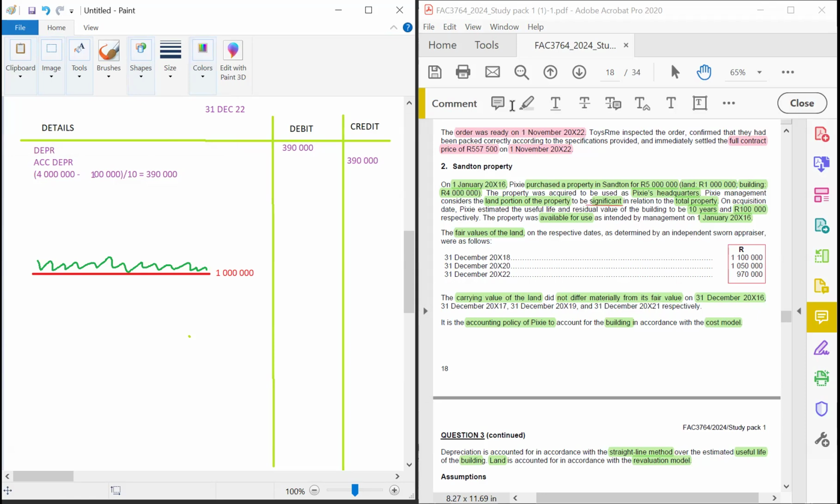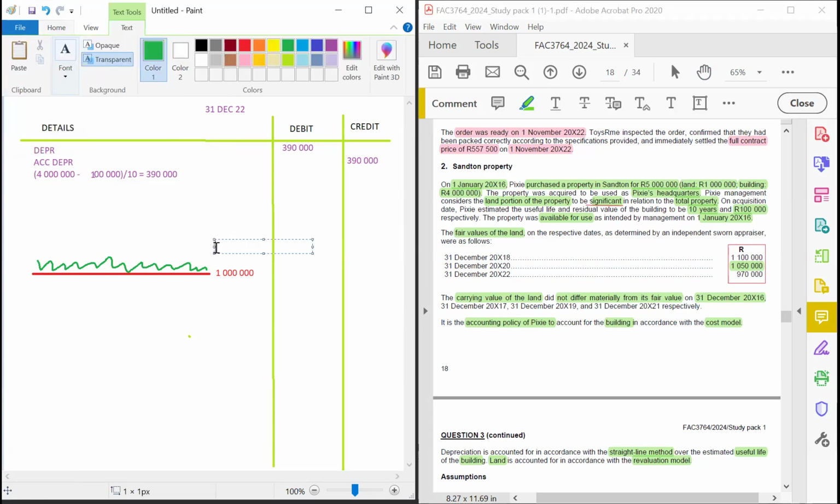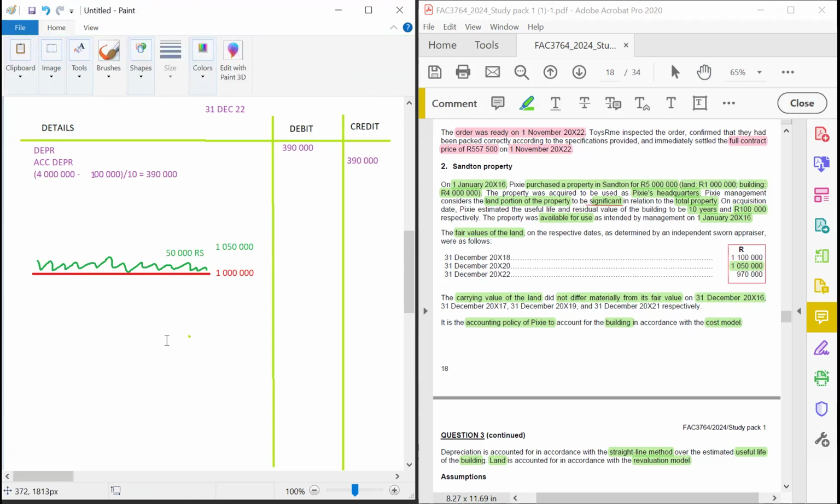The land was essentially at 1,050,000 at the beginning of the year, because that was the last revaluation. Meaning there was a revaluation surplus of 50,000, because everything above this is a revaluation surplus. So this 50,000 is a revaluation surplus.